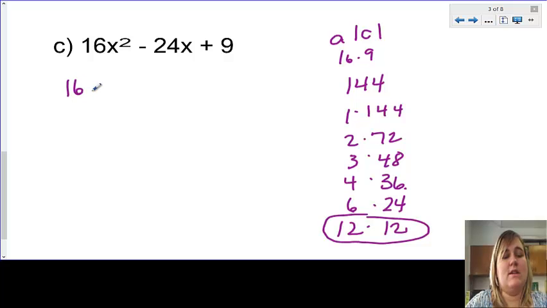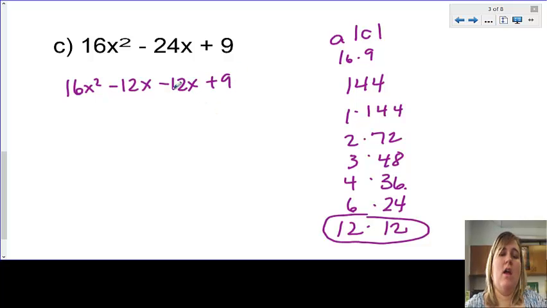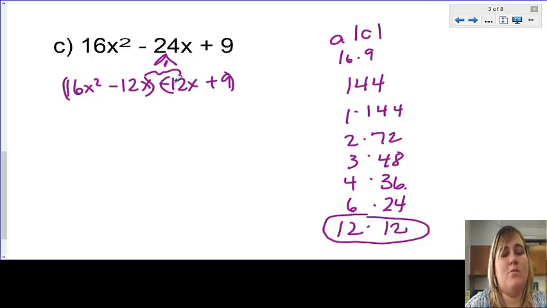So I'm going to write 16x squared minus 12x minus 12x plus 9. Okay, I did this because this is the same thing as going right back from here to the original. Okay, so then I'm going to split the first two and the last two. I'm going to group them, put a plus between because I'm not multiplying.